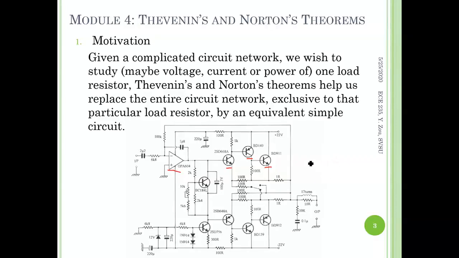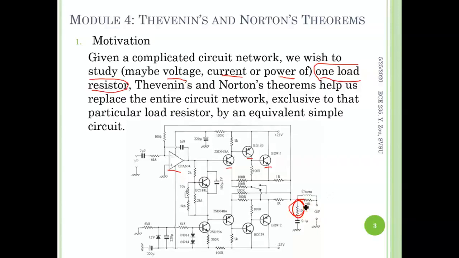If we want to study the voltage, current, or power of one particular load resistor, for example this one, then Thevenin's and Norton's theorems can help us replace the entire circuit network exclusive to that load resistor by an equivalent simple circuit.